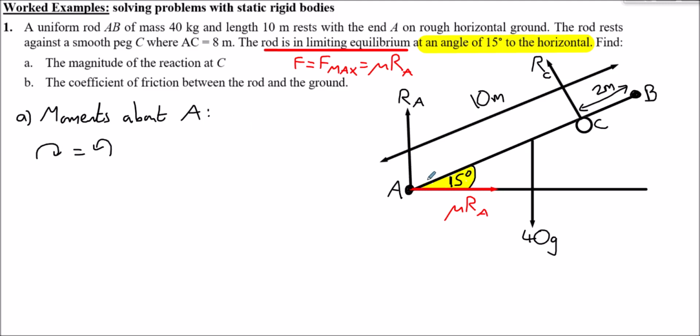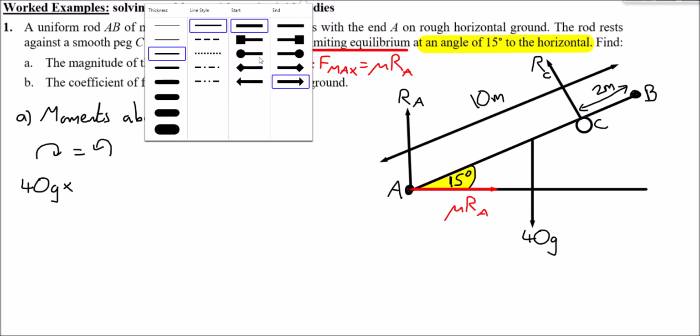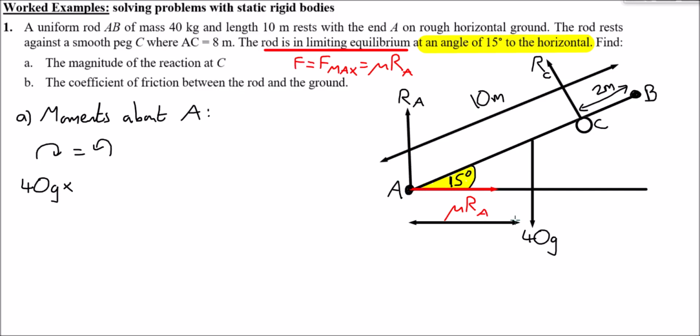So relative to A, going clockwise, we have the weight. So the weight is 40g. The moment due to the weight is the force, in this case the weight, multiplied by the distance of the line of action from that force to point A. So what we need to do here is just consider what this distance is here, like so, from that end to that end.